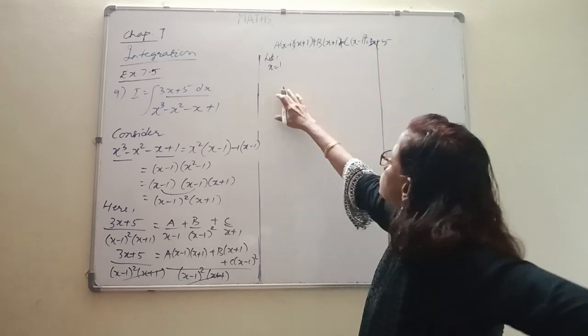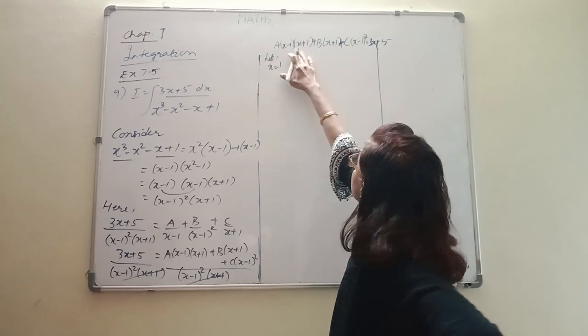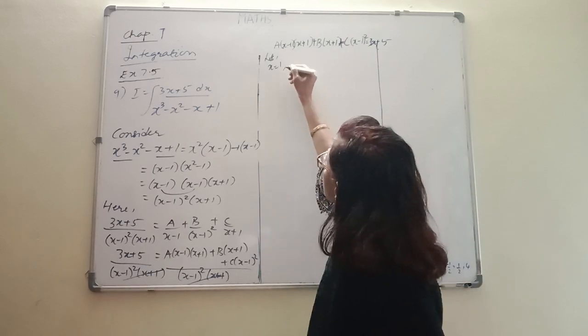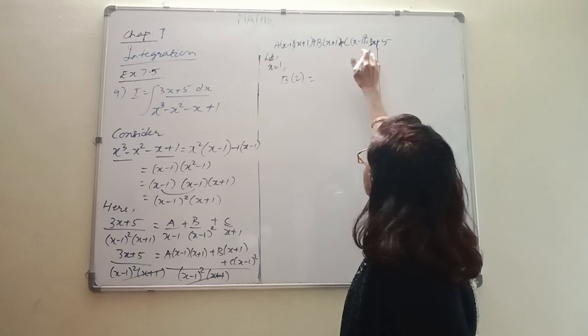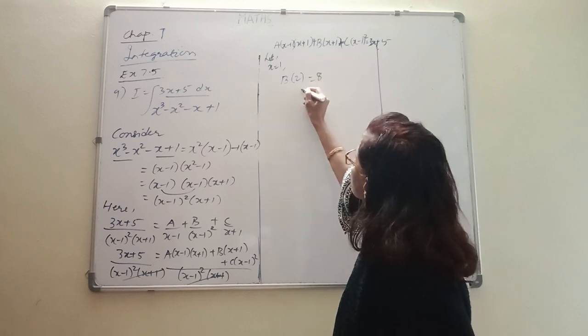So let's make the substitution. When x is 1, the first term and the last term vanish, you're left with the b term. So b times 2 is equal to 3 plus 5, 8. So b value is 4.